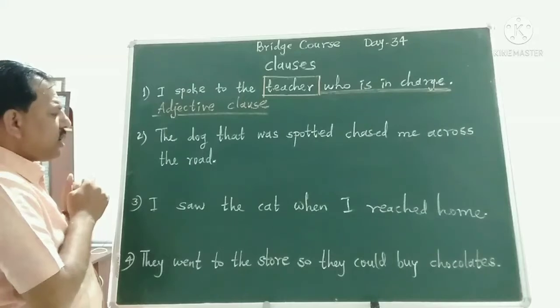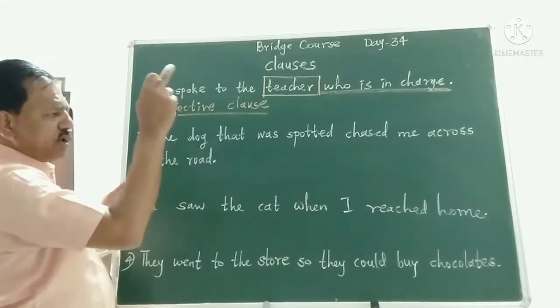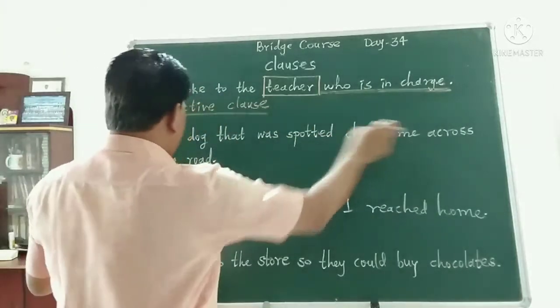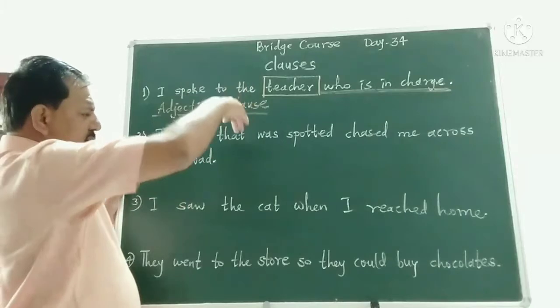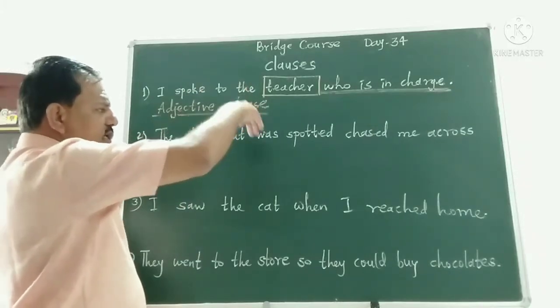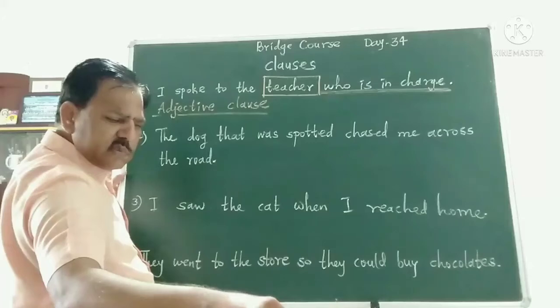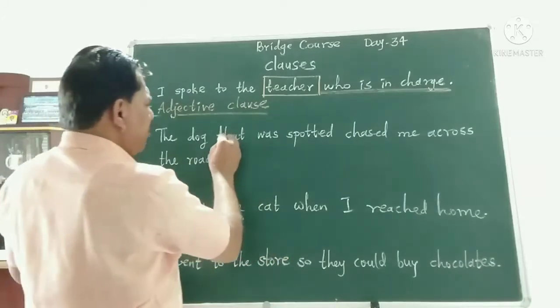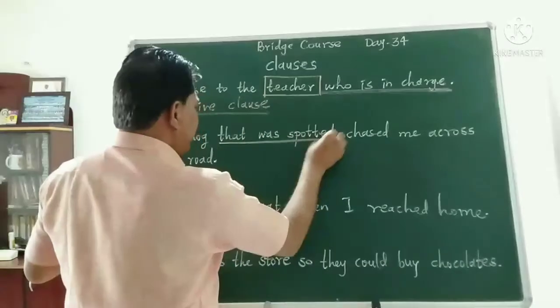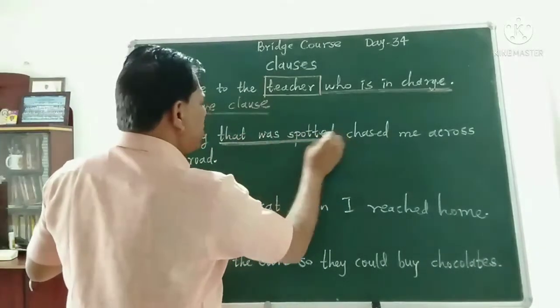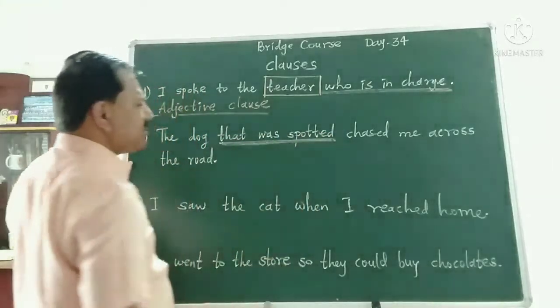The subject of main clause is the dog and predicate of the main clause is chased me across the road, and in between the subordinate clause is inserted. Which is the subordinate clause? See here, be attentive. That was spotted. This is subordinate clause.